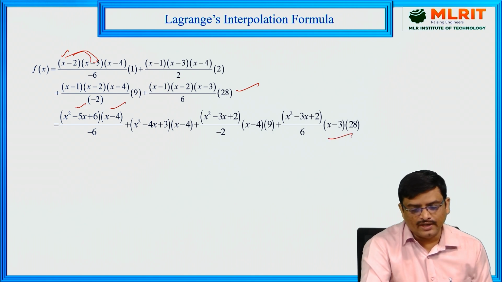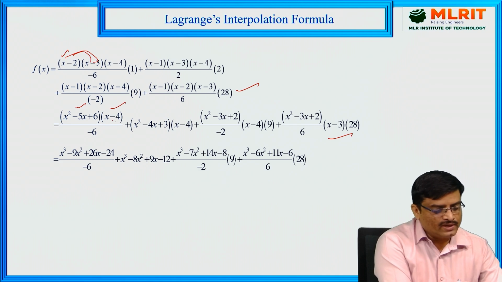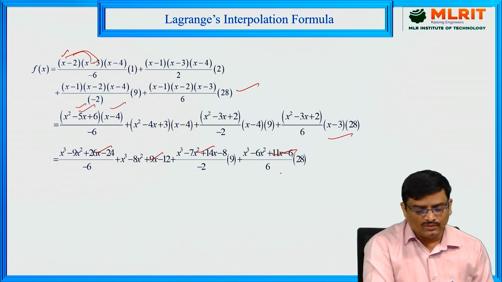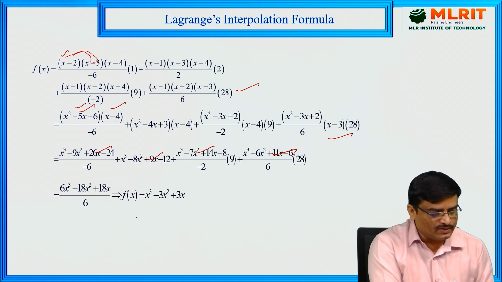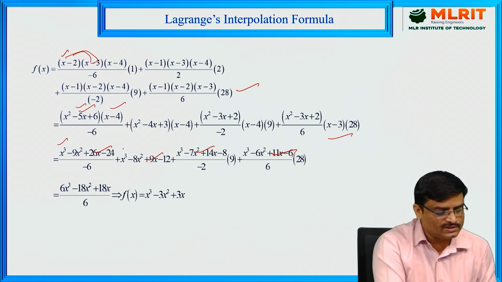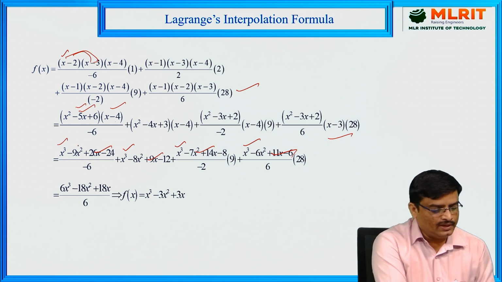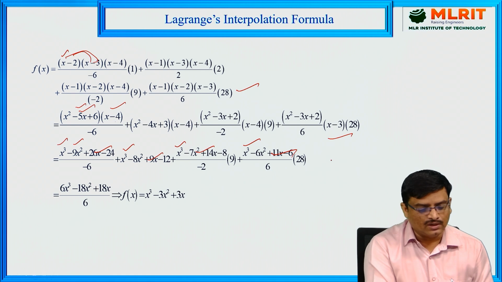Once again you multiply this x minus 4 with this, and we will get our required polynomial. Now take the common terms and simplify. First concentrate on the x cube term and calculate it. Next concentrate on the x square terms, x terms and constant terms.